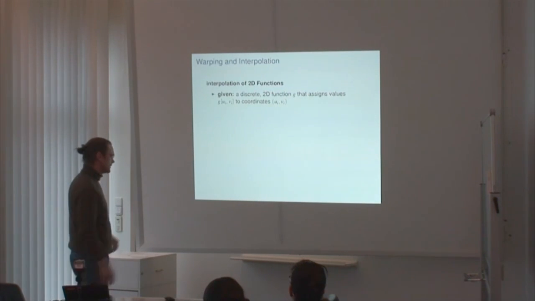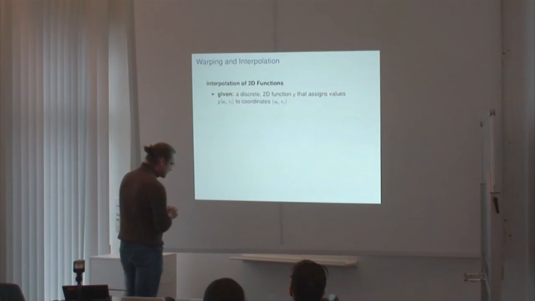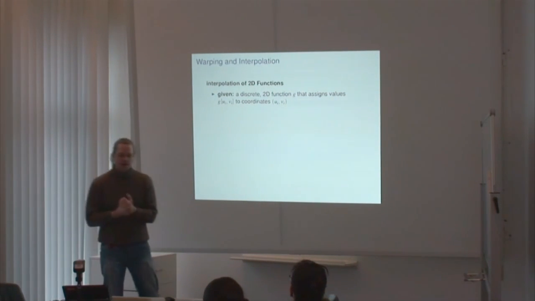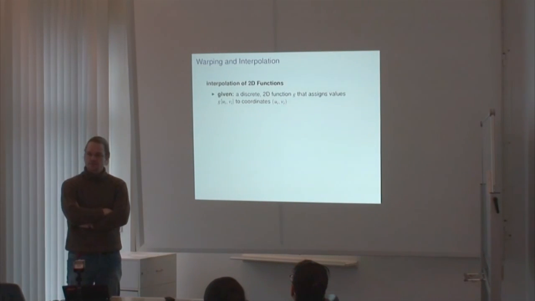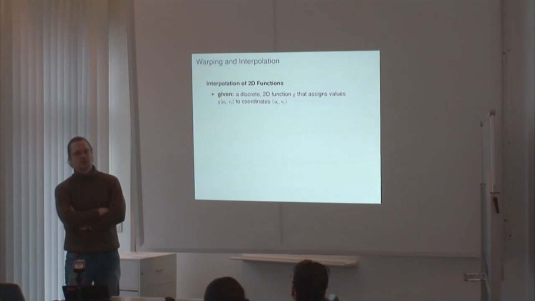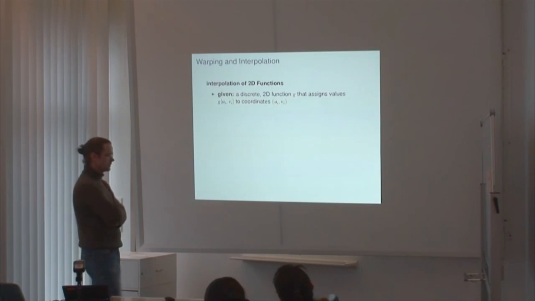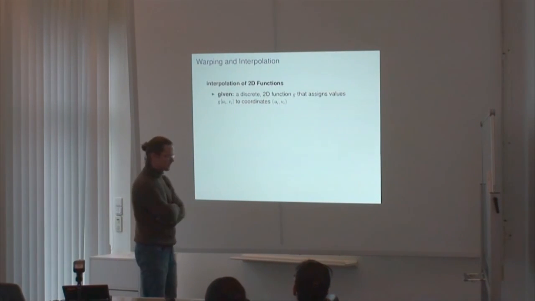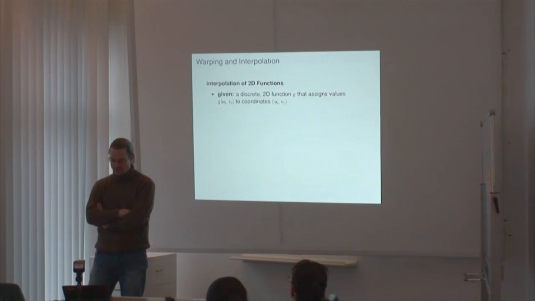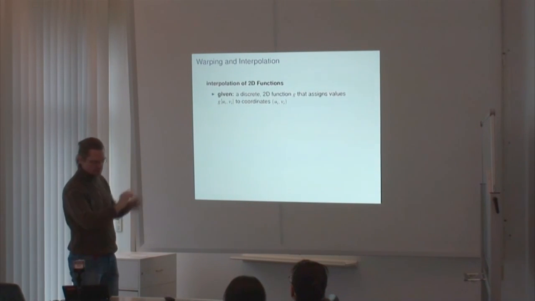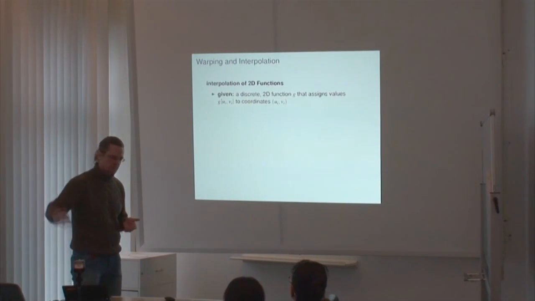Okay, now on to something new. We have now seen a couple of ideas as to how to interpolate one-dimensional functions, or say functions of a single parameter. But the images we are talking about are, of course, two-dimensional functions, that is, functions defined over a plane rather than just over a line.